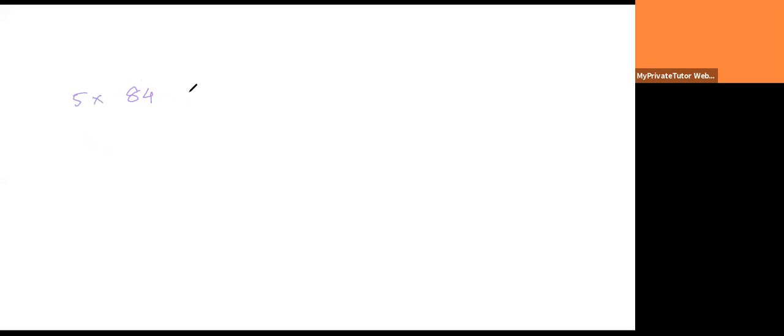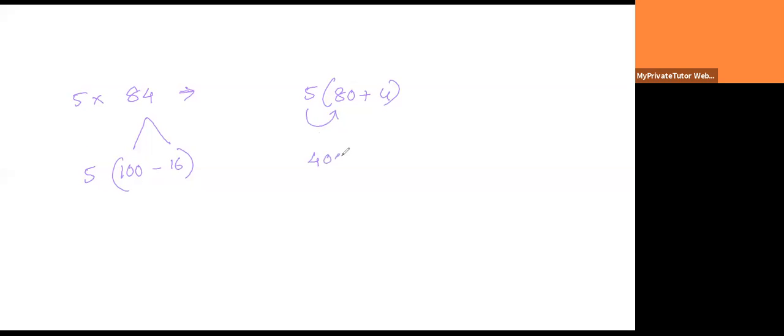So this is the question. How do you do this? You can split 84 as 100 minus 16 if you want. If you feel multiplying 5 and 16 is difficult, you can also solve this as 5 times 80 plus 4. Okay, 5 eights are how much?